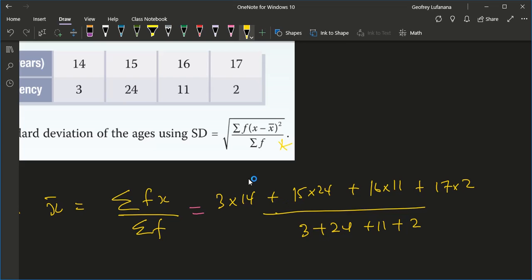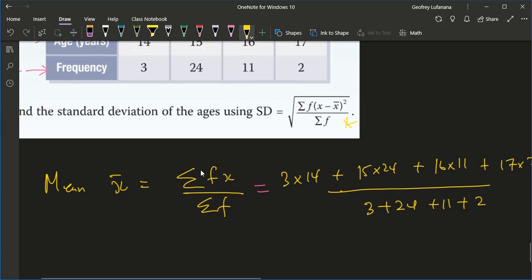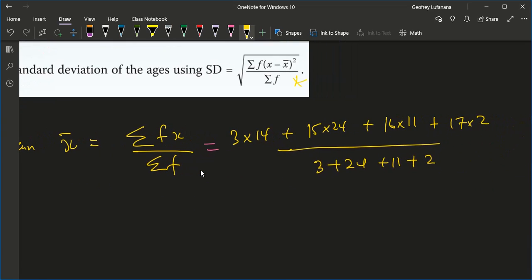Or you could just get it from the question because it does say 40 students. So from the calculator, we have 612 divided by 40, which is 15.3 years.